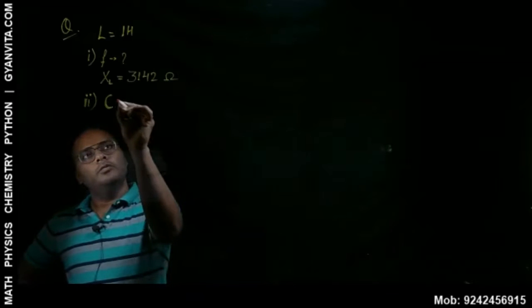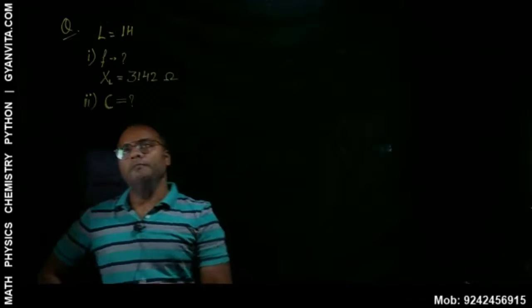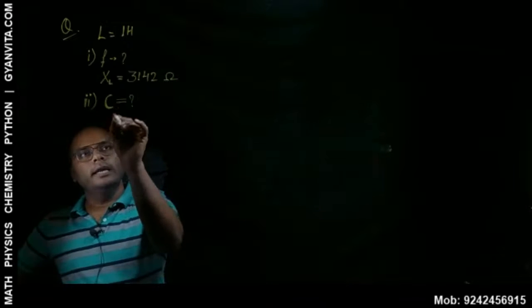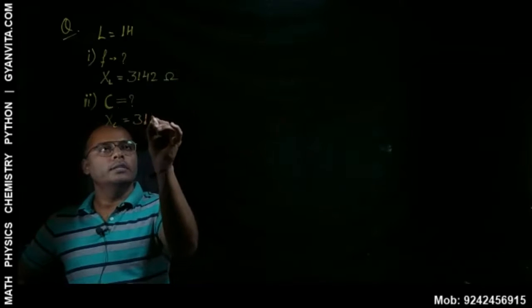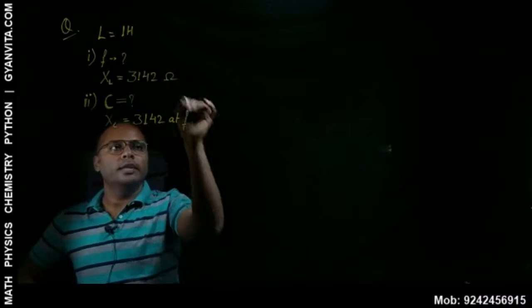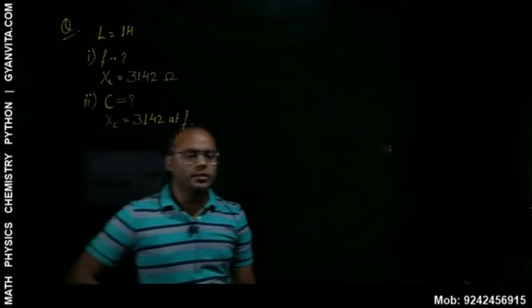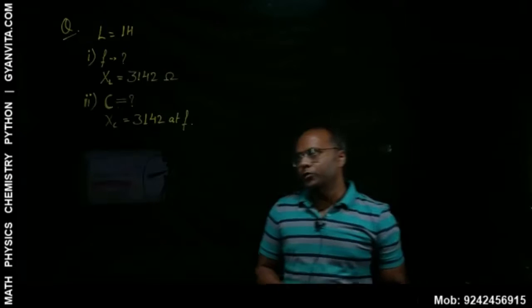So what should be the value of C if we want XC to be equal to 3142 itself at the same f, that is at the same frequency. So I hope the two parts of this question are clear.